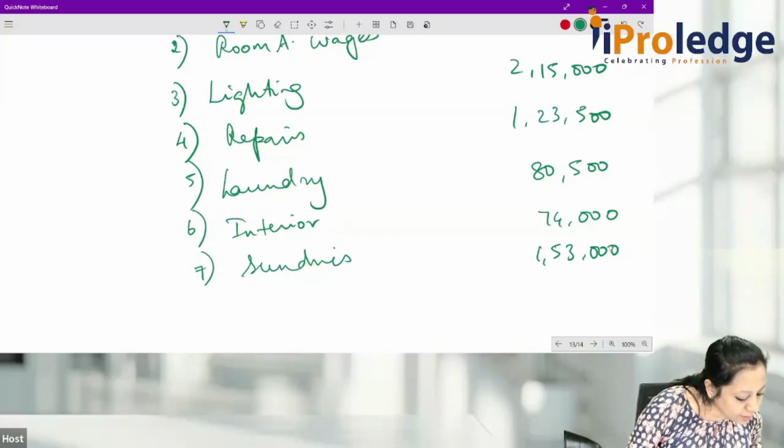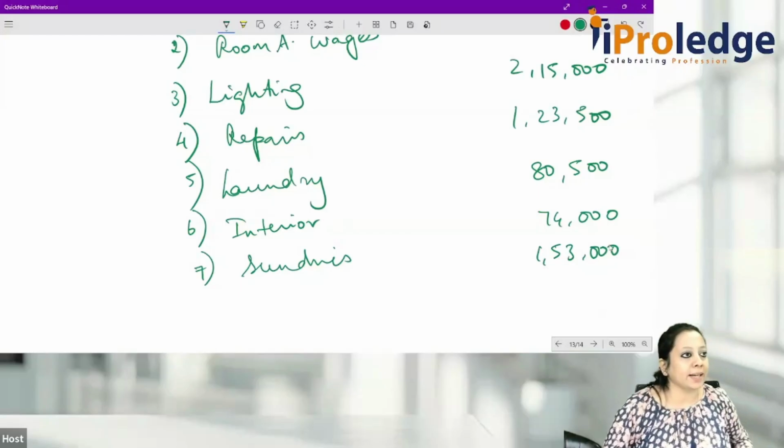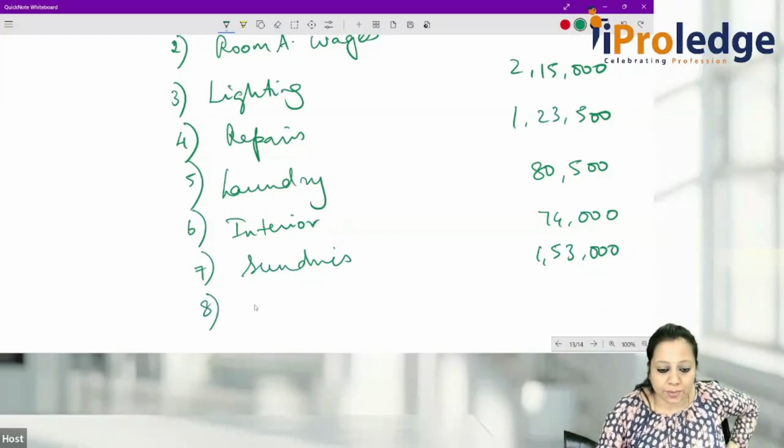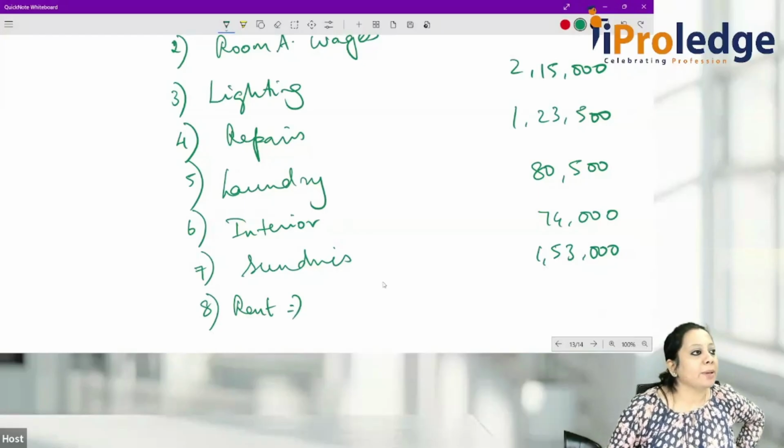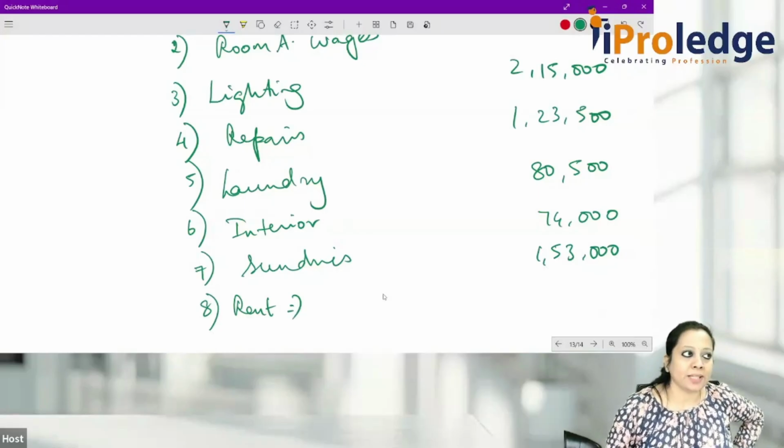Now we also have to see about the room rent, right? So I hope you're all able to remember that. Rent of 10,000 per month along with 5% of takings. Correct, students, everyone? So you have to view rent as a semi-variable cost. Normally speaking, it is a fixed cost.